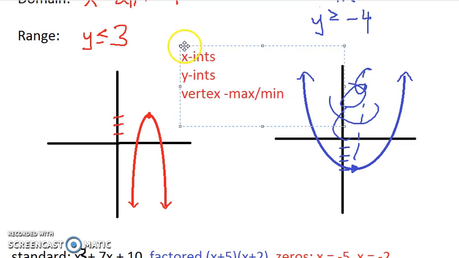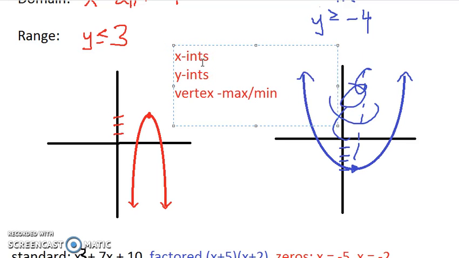These terms, the x-intercepts, the y-intercepts, and the vertex, your calculator can do these for you. Let me just highlight these real quick. The vertex, that's this point right here. It's a maximum or it's a minimum. Oh, and the axis of symmetry, I'll talk about that one too.